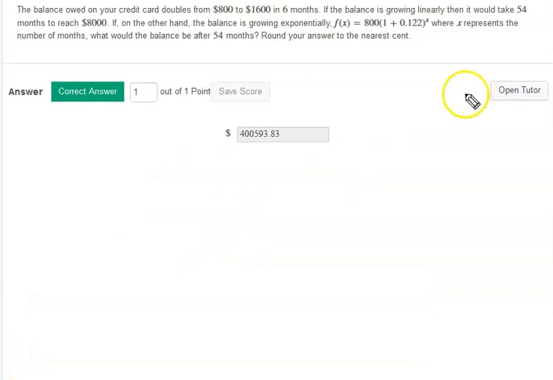Reading this carefully, you should pause. All right, now your basic formula is this, 800. Now, since it's 1 plus what's in the parentheses, we can just write it as one term, 1.122.